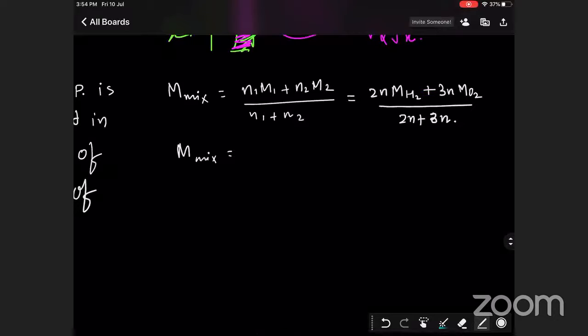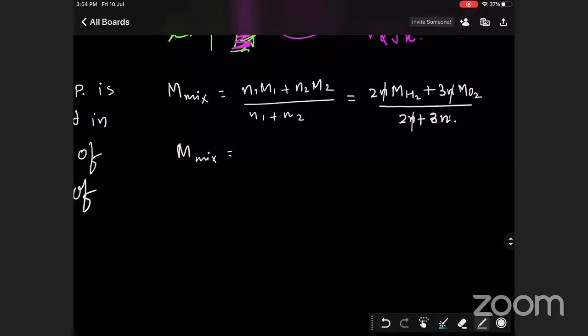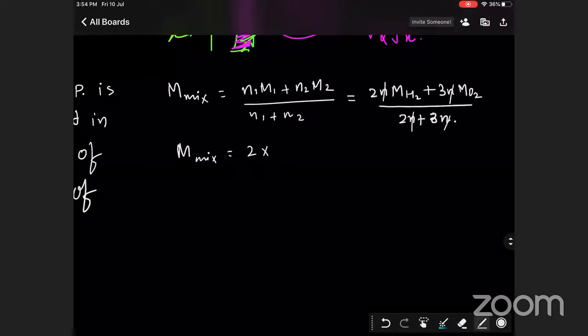Let's put values of mass, take n common and cancel. So 2 into mass of hydrogen gas, which is 2, and mass of oxygen gas 32, divided by 5. So what will we get, bacho? Please do this calculation, someone.